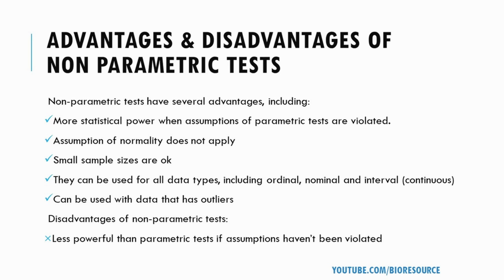They can be used for all data types, including ordinal, nominal, and interval or continuous data types, and they can be used when the data has outliers. So these are the advantages. And the disadvantage is that they are less powerful than parametric tests if the assumptions haven't been violated. So these are the different advantages and disadvantages of the parametric and non-parametric tests.